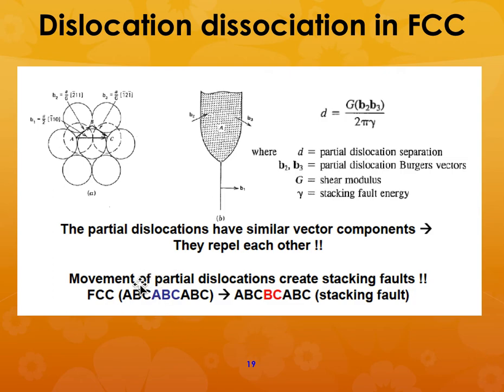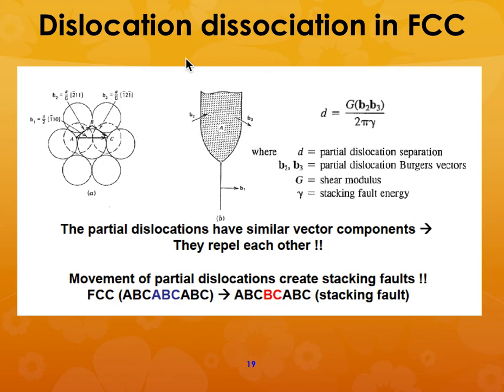For example, if you have FCC with stacking ABC, ABC, ABC, suddenly that ABC will just become BC. They just move over to another position and create a stacking fault.